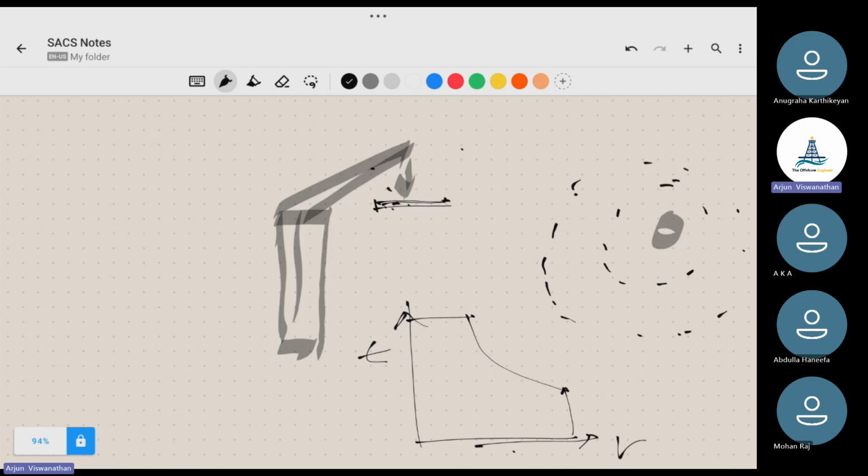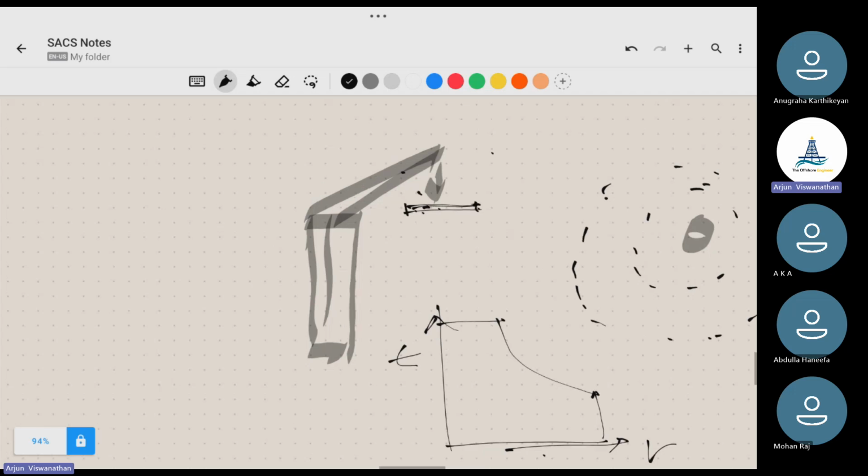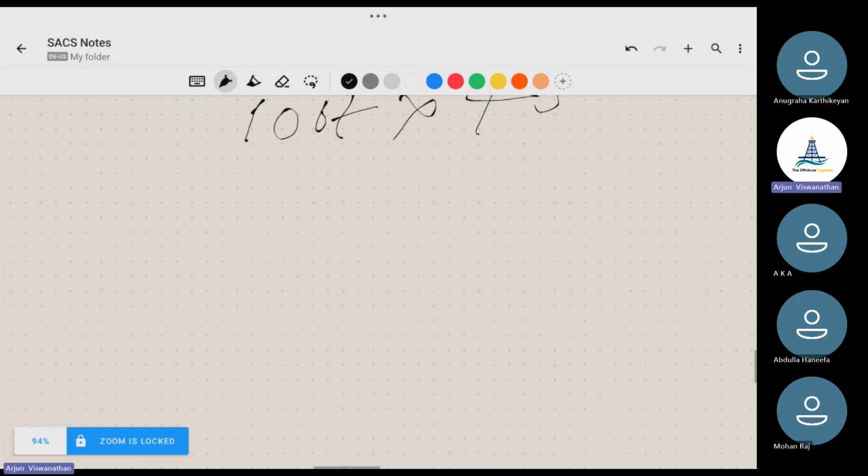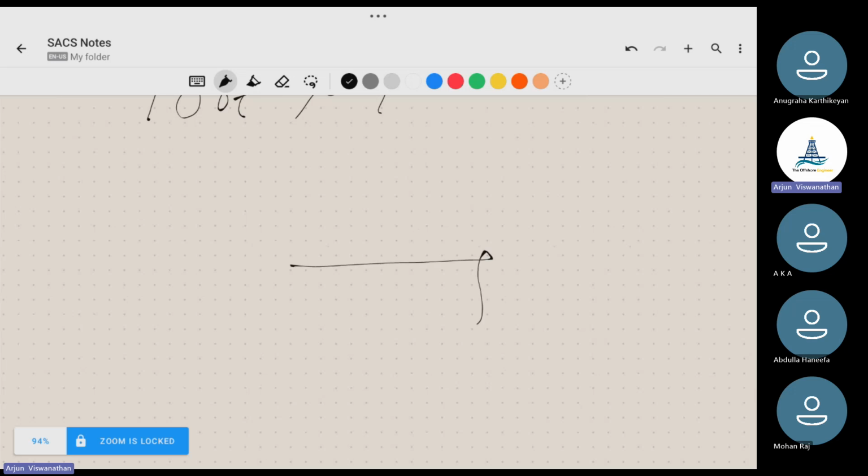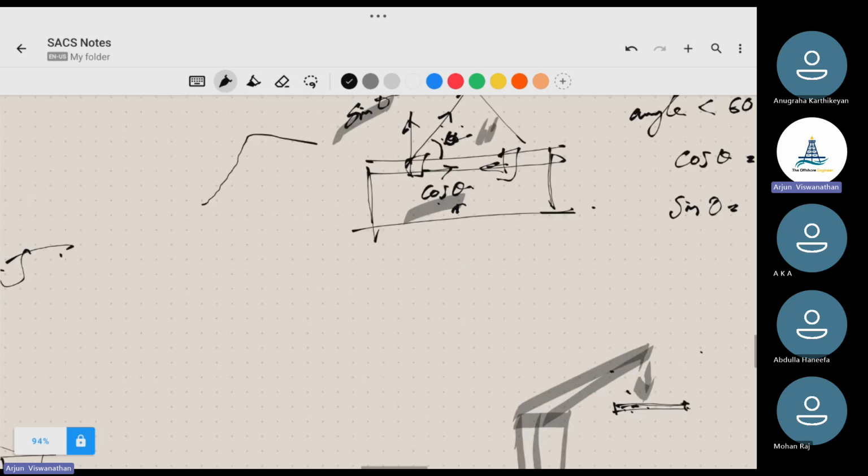But in certain cases, if this angle is very low, you can consider adding some frame or something extra to take care of this. That is a different topic altogether. But these are the major considerations while doing the lifting analysis.